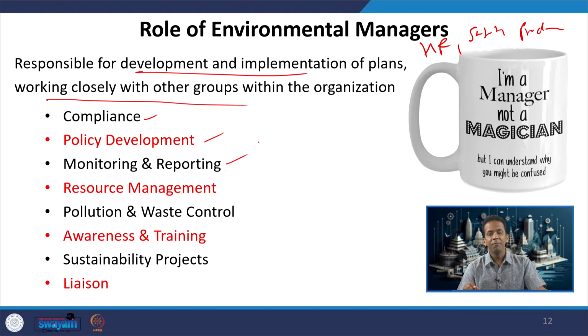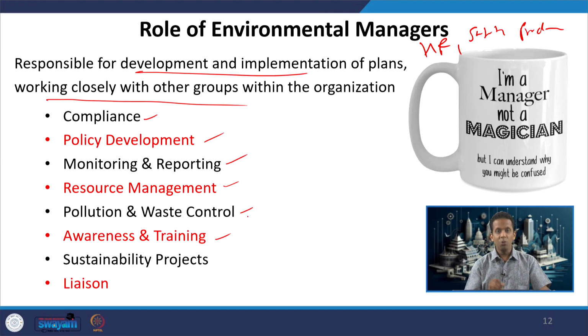Monitoring and reporting. All the emissions data, whether it is air emissions, liquid emissions, or waste generated, all those things will be monitored, reported and kept on record. Resource management. If a company decides to include an environmental management system in their framework, what resources would be required, and managing those resources which should govern that environmental division again comes under the role of the environmental manager.